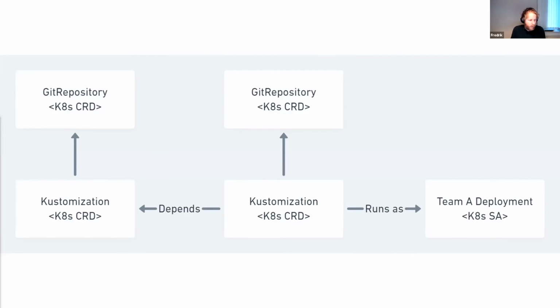But another very powerful feature here, which gives us as a platform team a lot of control, is that these customizations, we'll take a look at it shortly, can actually run as a service account. And this was a game changer for us, because now we as a platform team can say, put all the YAML in the repo. It will only be applied after Linkerd has been applied.